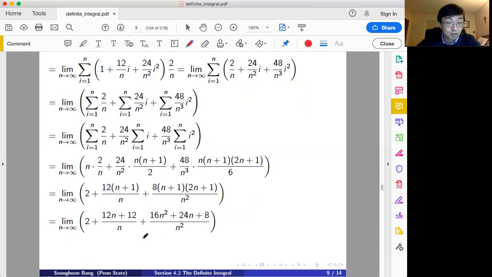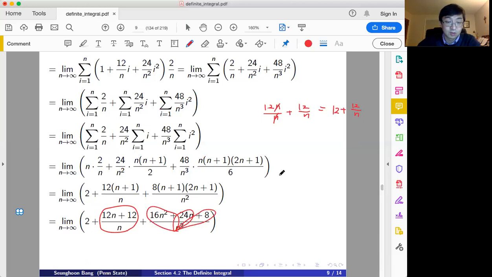Next, you have to split. How can you split this one? This one is 12n over n plus 12 over n. n is crossed out: 12 plus 12 over n. Same, you have to split this one.